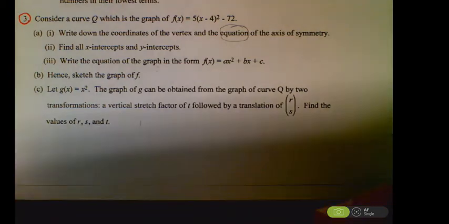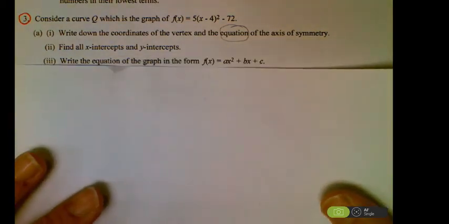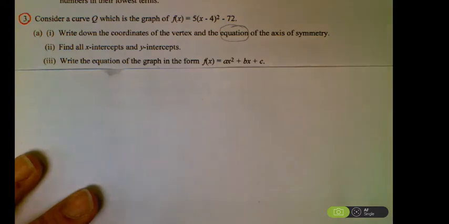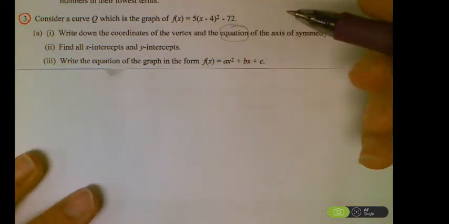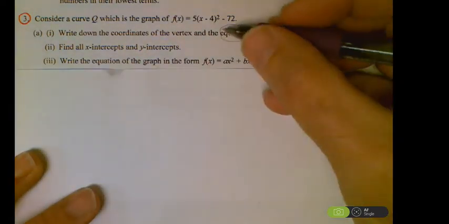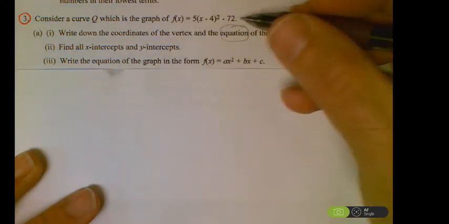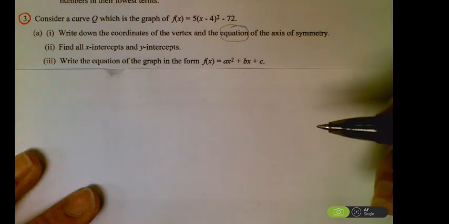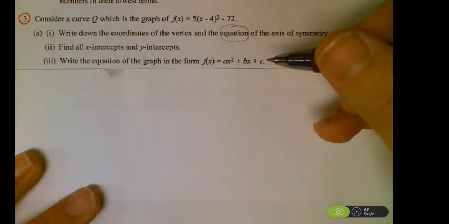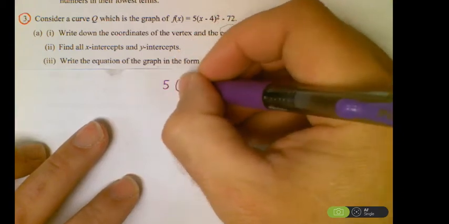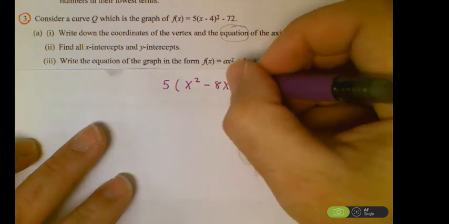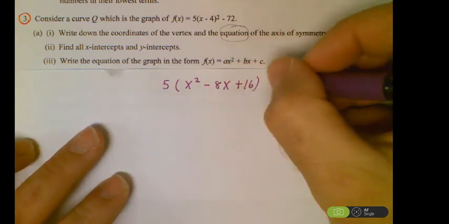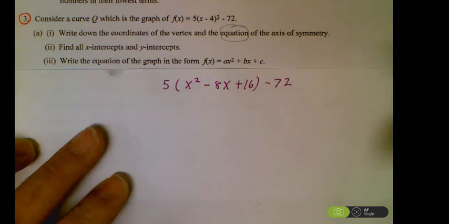So moving on to the third part of question A. Write the equation of the graph in that form. That just simply means to expand this. So we're just reformatting. If I FOIL, distribute the 5, bring in the -72, we can reformat it to look like this. So if we FOIL that, I'm going to be looking at 5 times x squared minus 8x plus 16 minus 72.